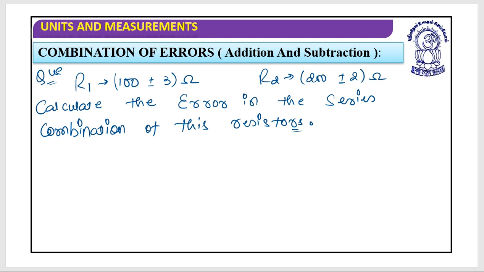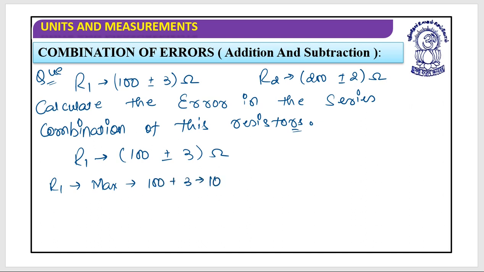Before we go to the series combination of these resistors, first let's check what 100 plus or minus 3 ohm represents. This means its resistance can have a maximum value of 100 plus 3, which is 103 ohm, and a minimum of 100 minus 3, which is 97 ohm.